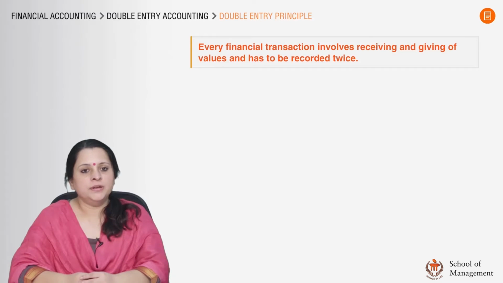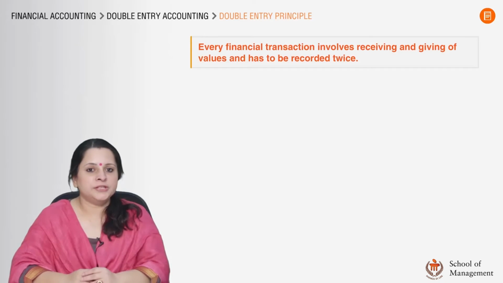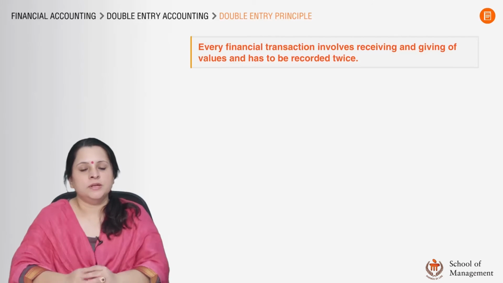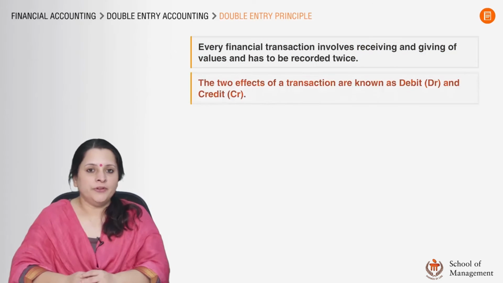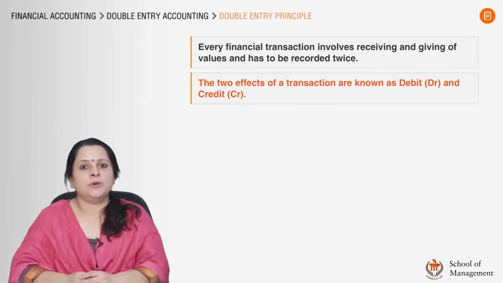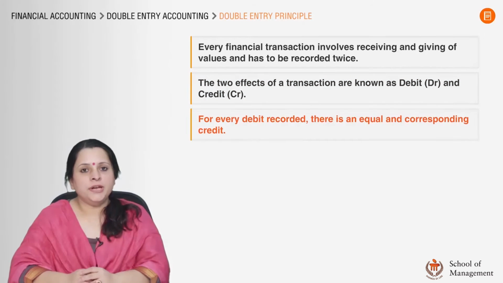In my example, the two accounts that are affected are cash account and machinery account. So, this is the foundation of double entry accounting. The two effects in double entry accounting are known as debit and credit. For every debit entry recorded, there has to be an equal and corresponding credit.